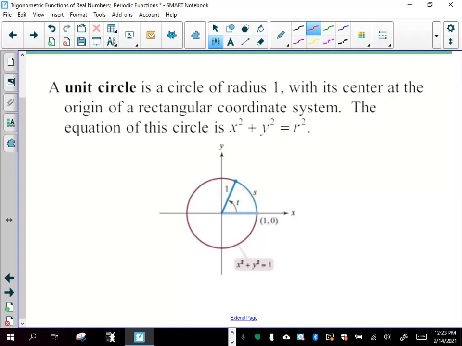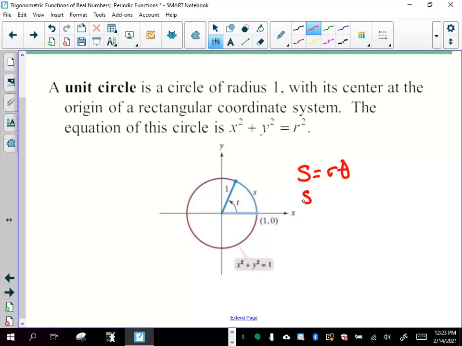Also, the radian measure of your central angle, which we just talked about, is going to be your t. And in the unit circle, the radian measure of the central angle is equal to the length of the intercepted arc. Remember that formula we used way back when, that s is equal to r theta.